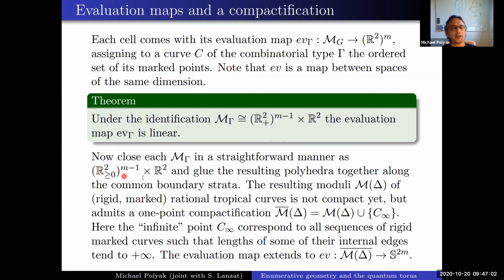Now, when you did that, you can glue the resulting polyhedra together along the boundary structure, right? So the boundaries will be obvious here. That's when some of these lengths will vanish and become 0.